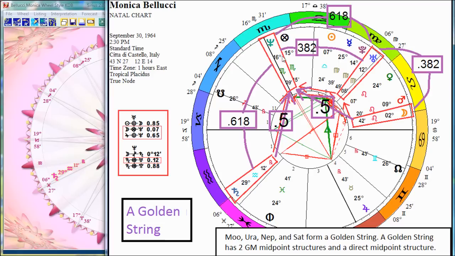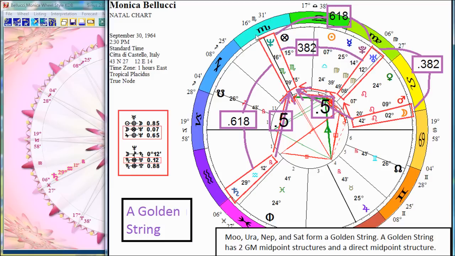So Uranus and Neptune are in a 0.382 to 0.618 relationship to Saturn, and they're also 0.618 in relationship to the Moon, Uranus, which is a 0.382. So it's just an increase. Sometimes this drives you a little crazy thinking about these numbers, but the easy way to think about it is they're just in golden ratio relationship to each other, spiraling larger and larger.